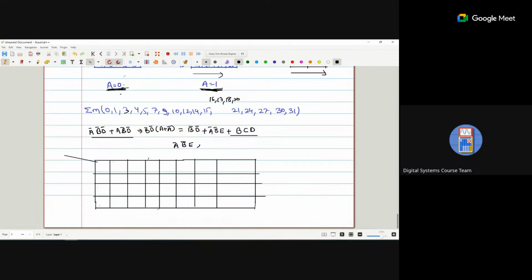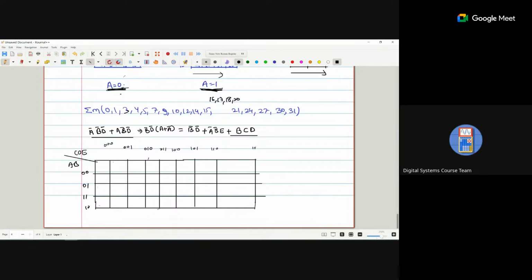So you consider A, B, C, D, E. This is 0, 0, 0, 1, 1, 1, 1, 0. For the 3 variables, the binary numbers are 0 0 0, 0 0 1, 0 1 0, 0 1 1, 1 0 0, 1 0 1, 1 1 0, and 1 1 1.